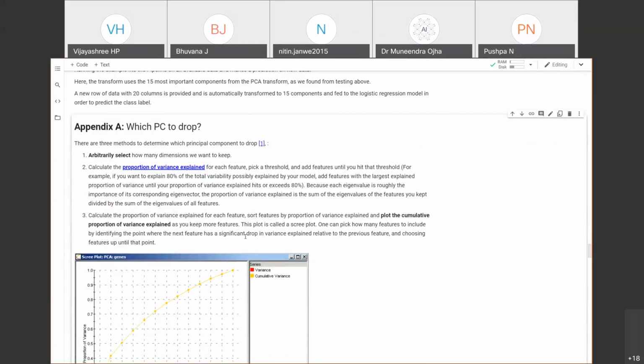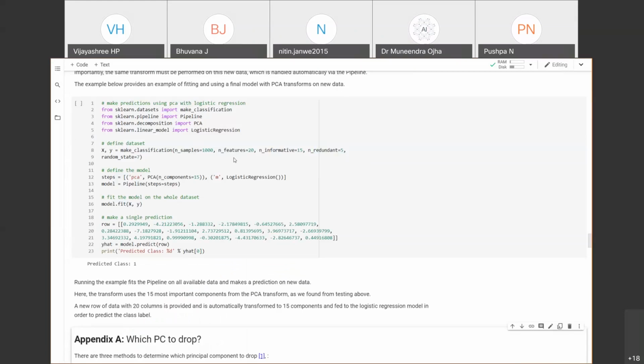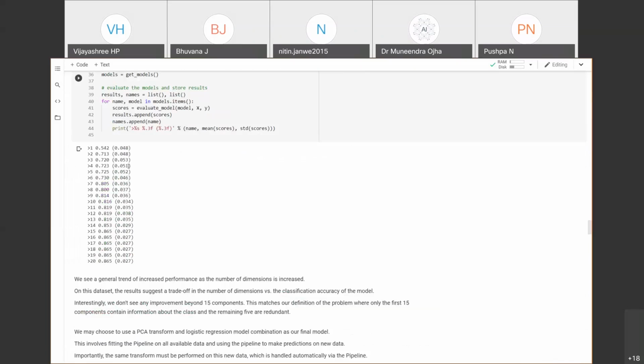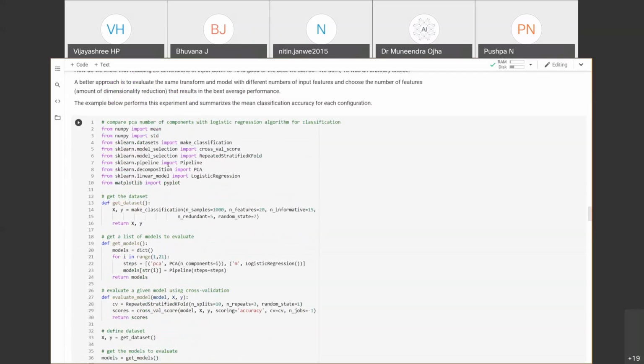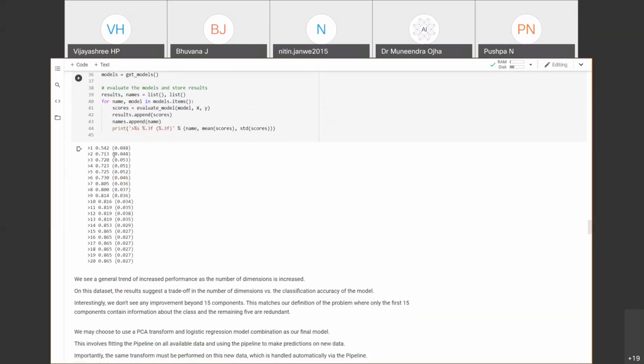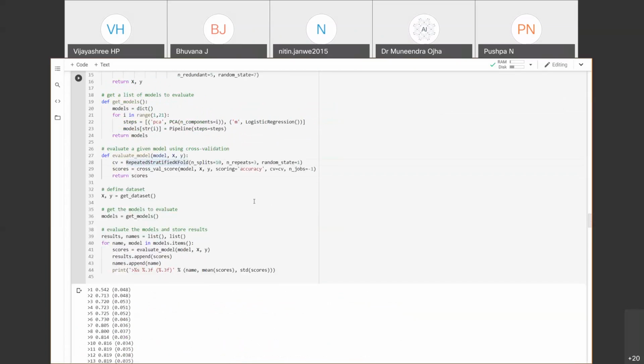There are arbitrarily three methods which we normally undertake in deciding which principal component to drop. The first method I discussed yesterday, in which I showed you that we keep on increasing the principal components. When I run this code, you see it takes one PC at a time.